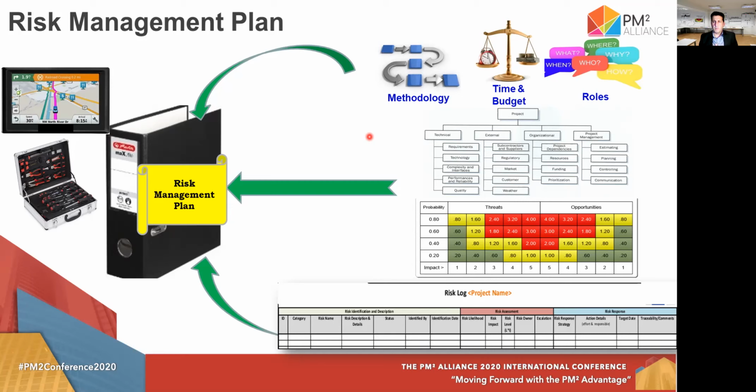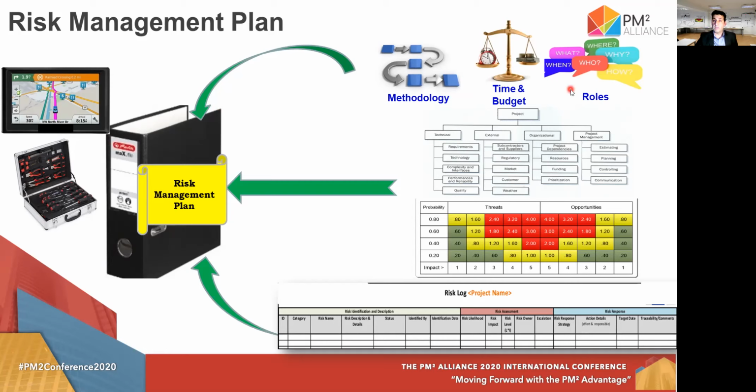First of all, the risk management plan is our GPS. It is our toolbox. Why? Because whenever we need something, guidance on how we will execute a risk step, we will open this folder, which is called risk management plan, and read it. And inside there, you can find the methodology that we will use, how much time and money you have to spend for this methodology.